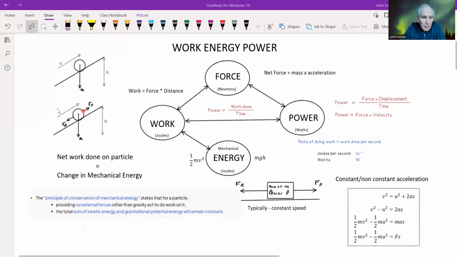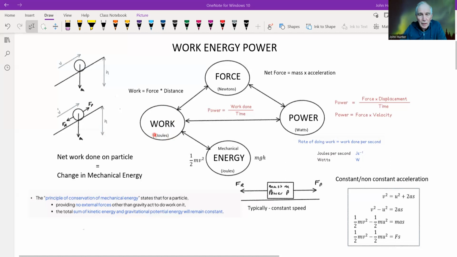Okay, so these forces, when applied over a distance, will actually do work. And in actual fact, that's really how we work with work. Force times distance is joules, so we measure work in joules.